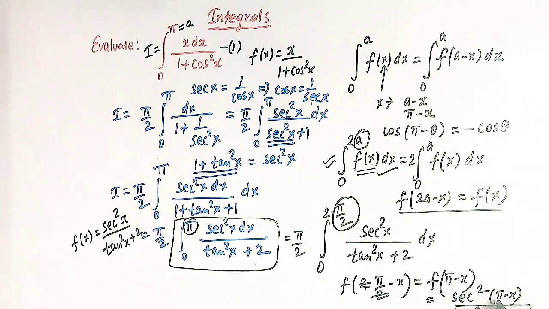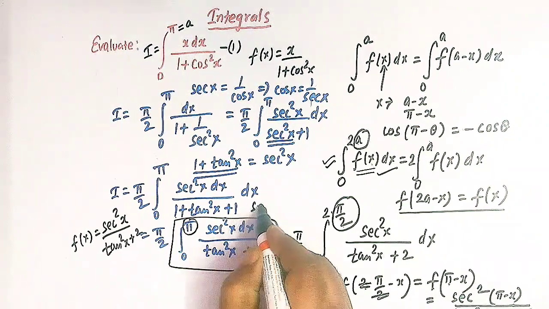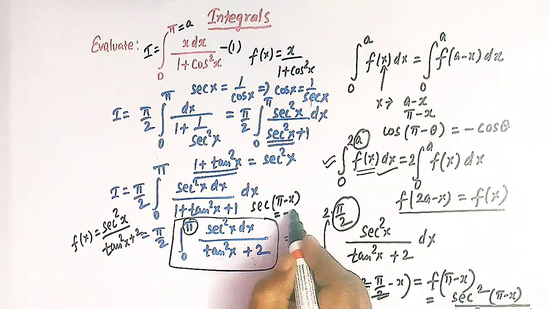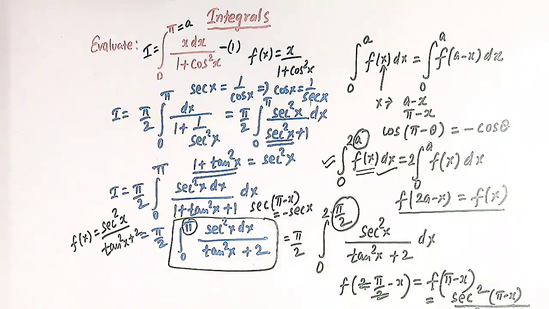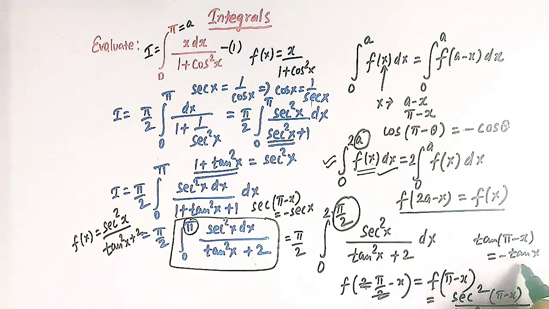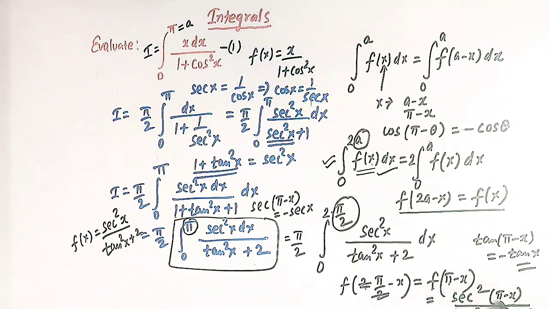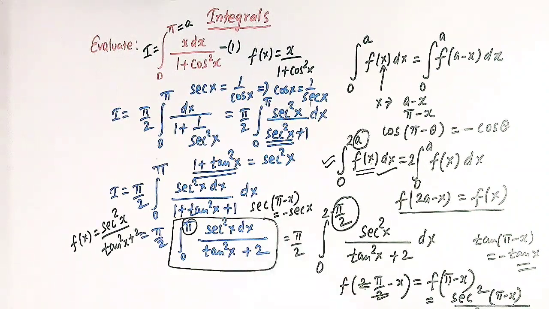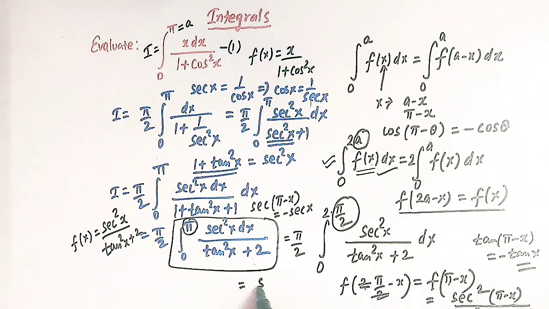So now we know that secant of pi minus x is given by negative of secant x, and similarly tan of pi minus x is given by negative of tan x. So secant square of pi minus x is the square of this term, that is negative secant x squared, and it becomes positive.